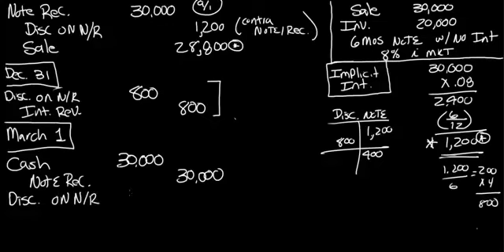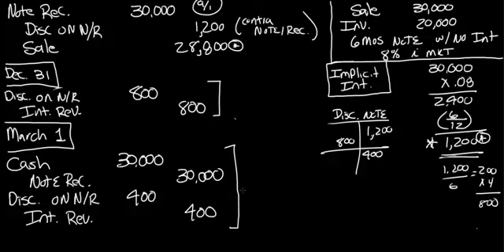The remaining $400 is going to be debited, and we're going to record some more interest revenue of $400. So this is the journal entry then we make when it actually gets paid. So this is the video on how to do the journal entries on a non-interest bearing note.